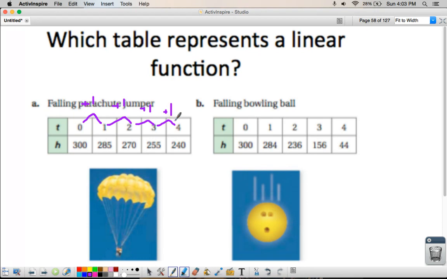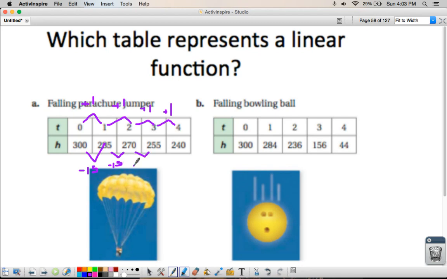Now if I'm looking at the bottom, I'm trying to see how I get from 300 to 285. I do that by subtracting 15. From 285 to 270, again, I subtract 15.